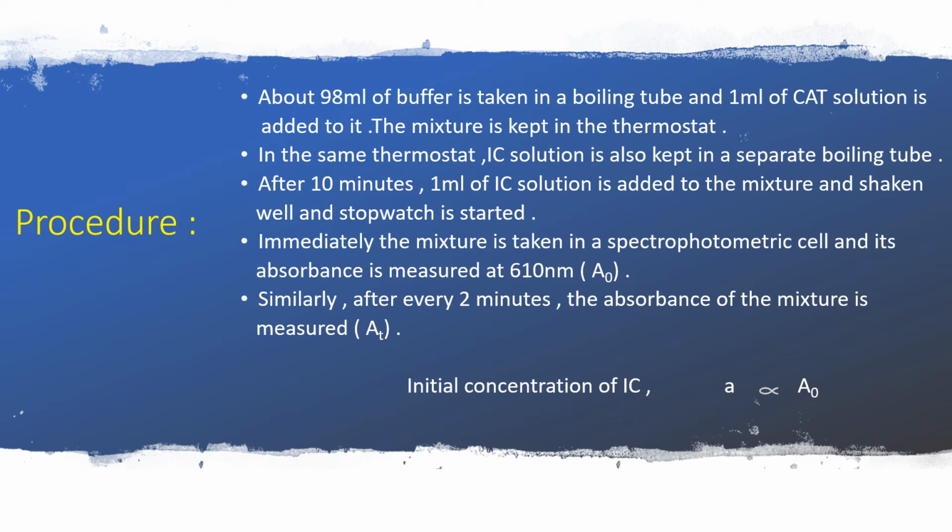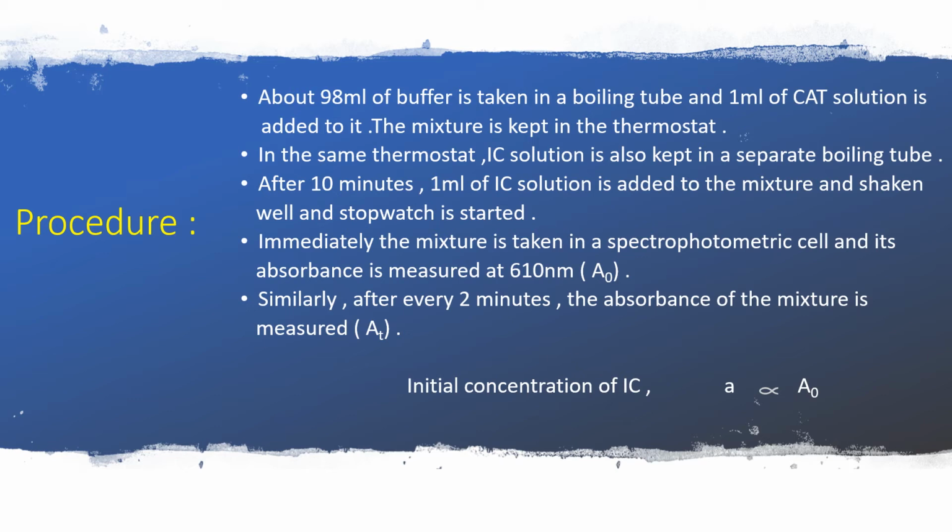At what wavelength are you measuring? That is at 610 nanometer. So that is taken as A0, the absorbance at 0 time, because here you are taking the mixture immediately and measuring the absorbance. That is why it is absorbance at 0 time.